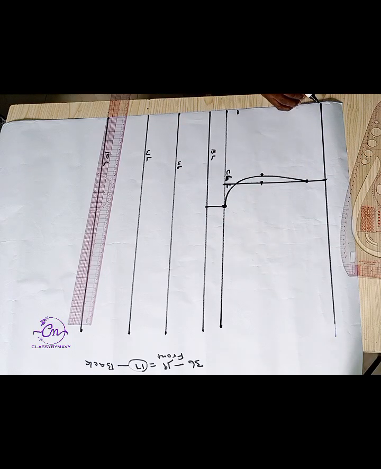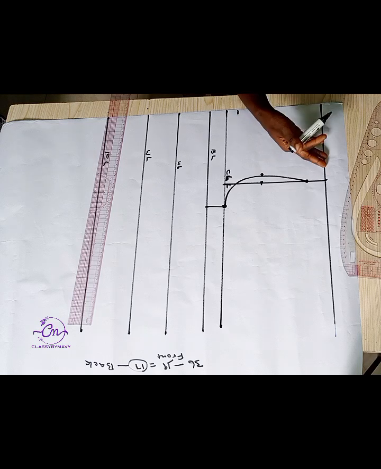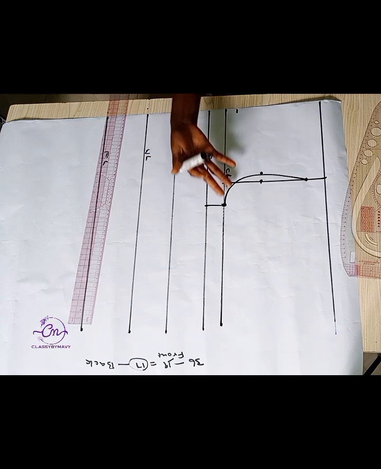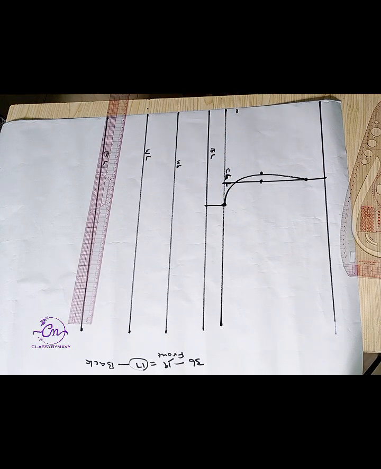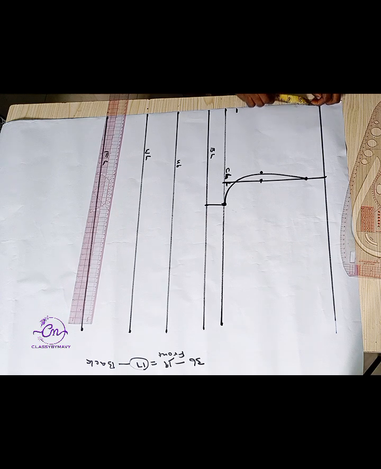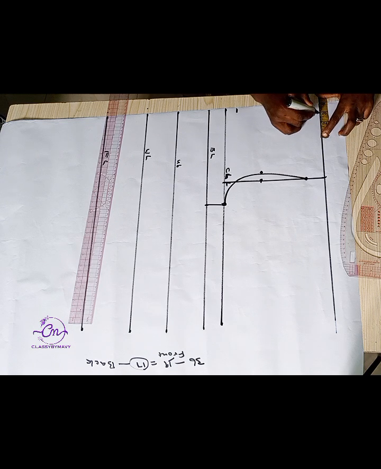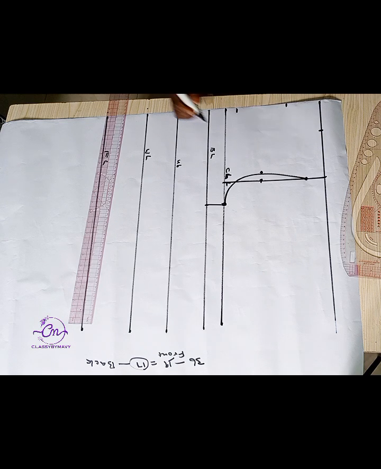The next thing is to come to the neckline. You can actually do this neck area before you do this. Coming to the neck, I'll be marking 3 inches down and 3 inches on the line too. That is, I'm using a 3x3 neckline.